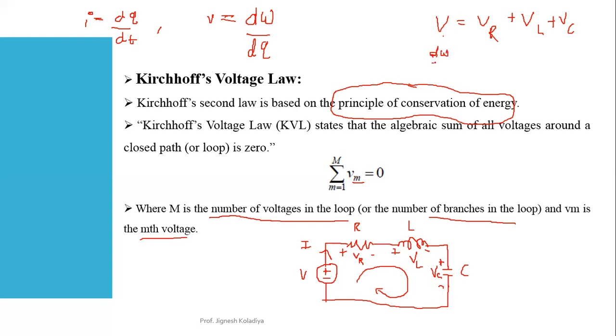dW by dq is equal to dWr by dq plus dWl upon dq plus dWc upon dq.